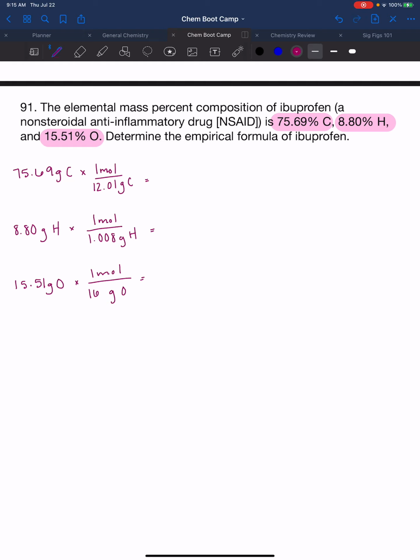So 75.69 divided by 12.01 gives me 6.302. I have 4 sig figs, so I'm going to use 4 sig figs. Then I'm going to do 8.80 divided by 1.008.